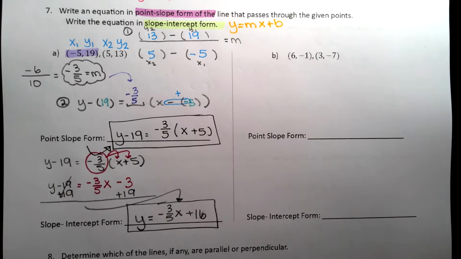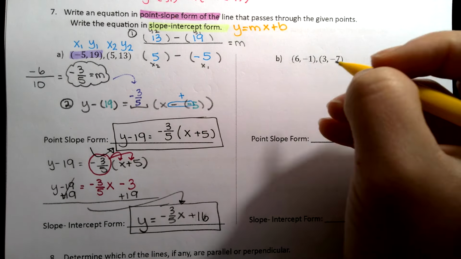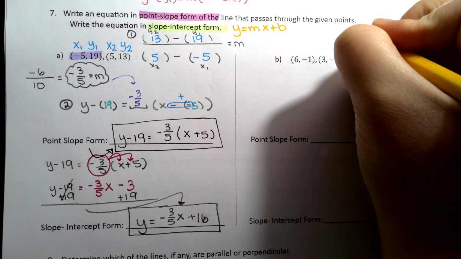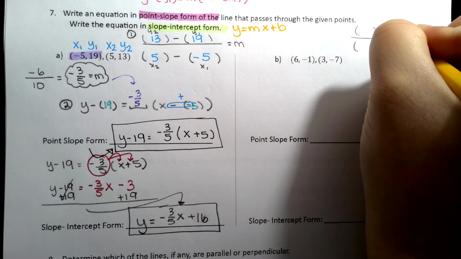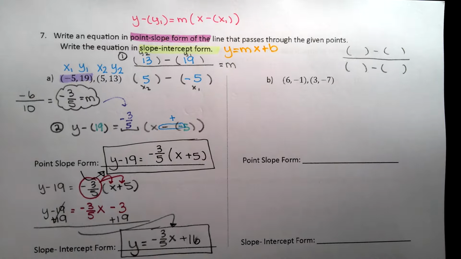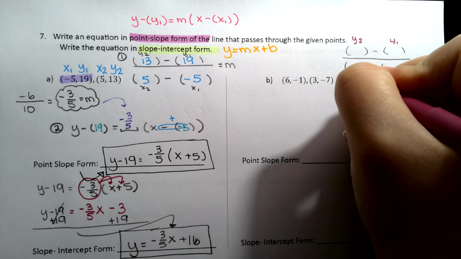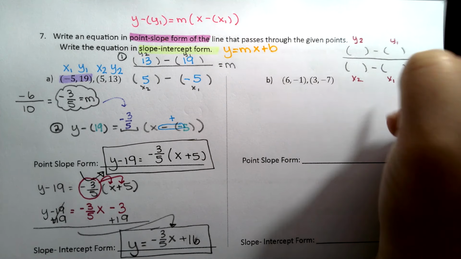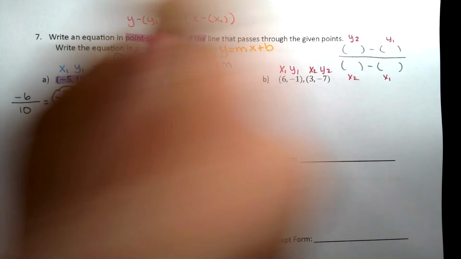Okay, let's go ahead and do that one more time. Slope, we have to calculate. Again, rate of change formula: y2 minus y1 over x2 minus x1. Label x1, y1, x2, y2.